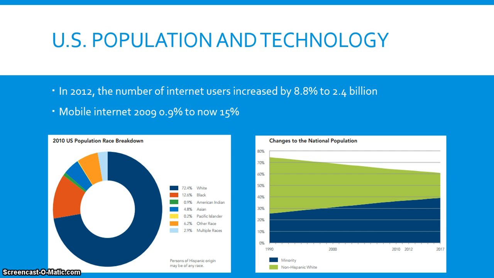Additionally, if you look at the charts on the bottom of the screen, we see the U.S. population breakdown in 2010 and how, while there is a majority of whites seen on the right, if we look to the left, the national population is definitely in a state of change. And we see that while the population was mainly a non-Hispanic white community, we are seeing a trend more towards a 50-50 population change, and even the minorities becoming, in 2017, the majority.